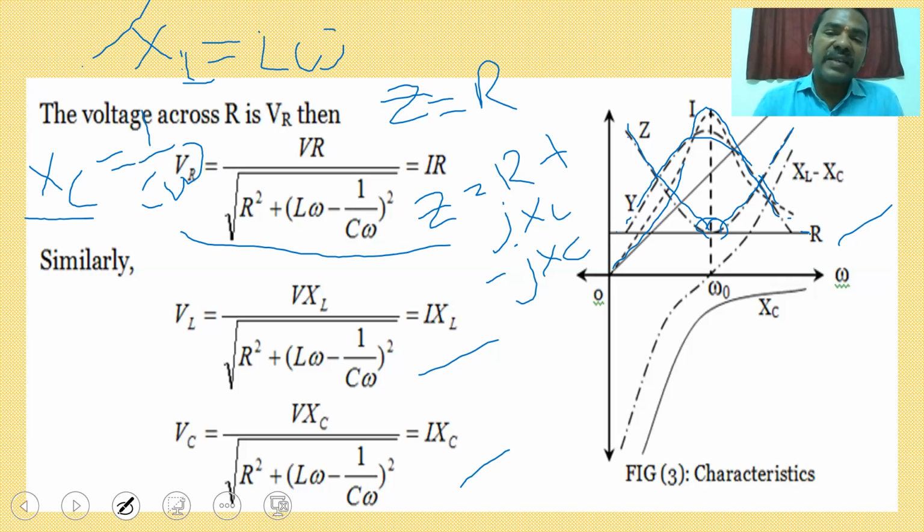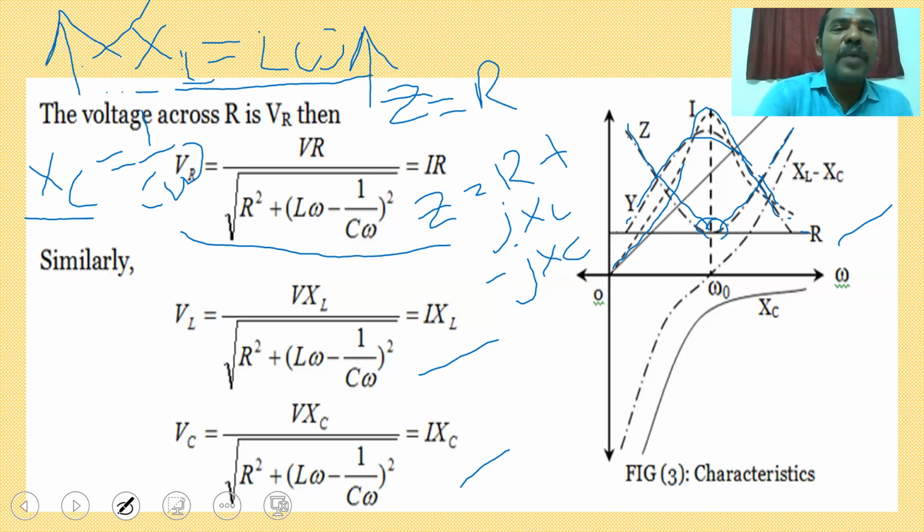Then what is XL? XL is L into omega. As omega increases, XL also increases. When omega is 0, XL is also 0, so it is a straight line passing through the origin. Coming to XC, XC is equal to 1 by C omega.